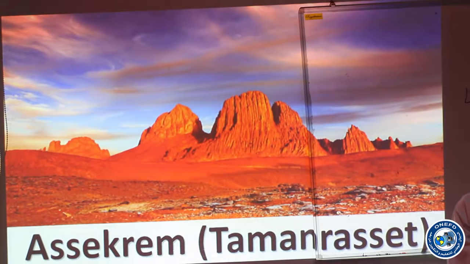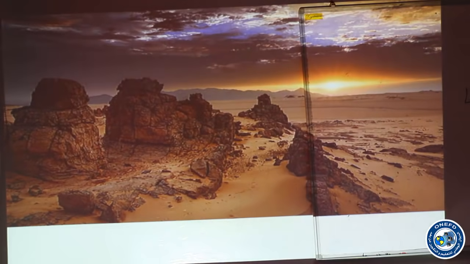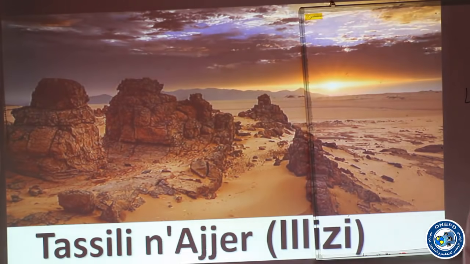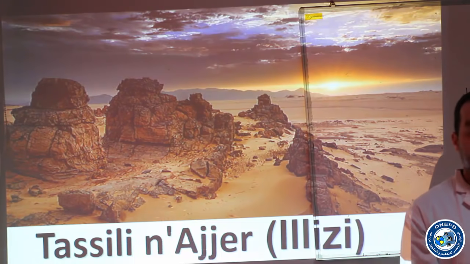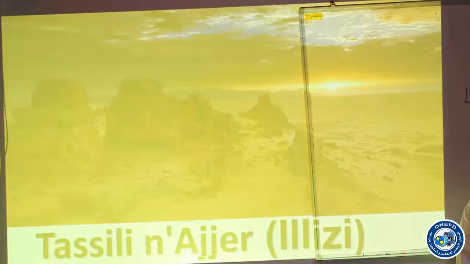It is Assekrem in Tamanrasset. The last picture, it is Tassili N'Ajjer in Illizi. Now, my dear pupils, let's watch another video about famous places and monuments in Algeria.